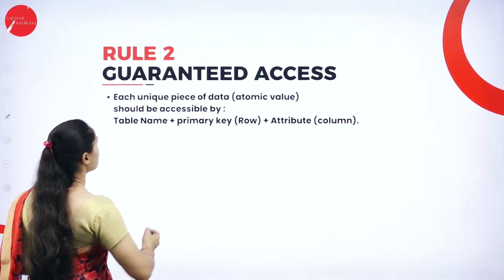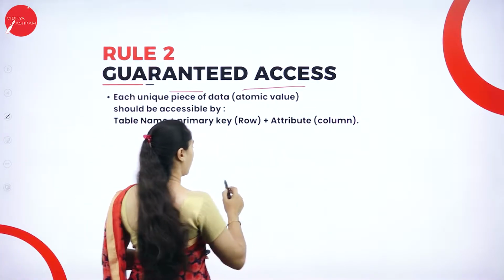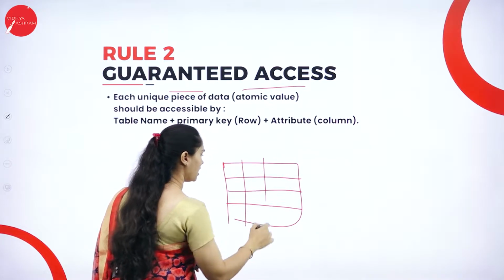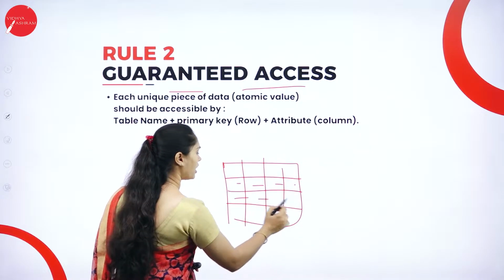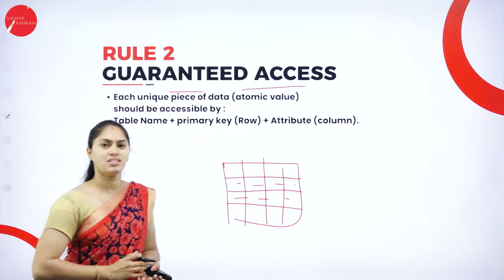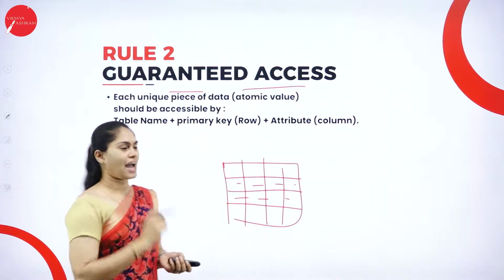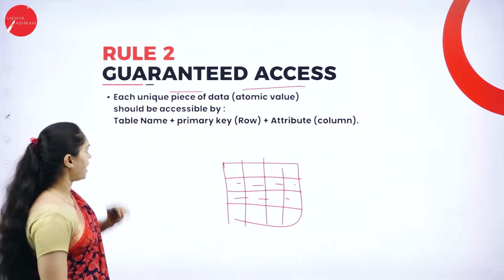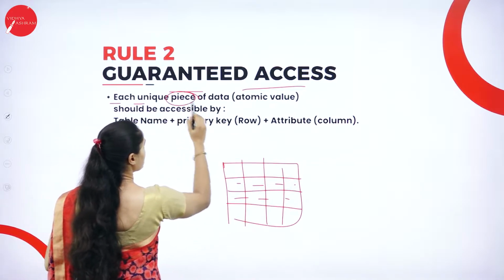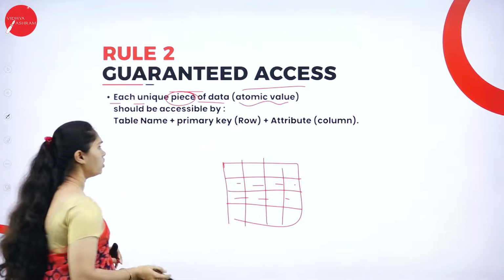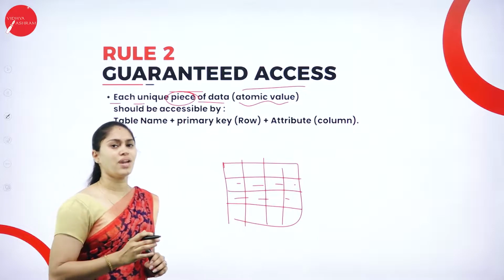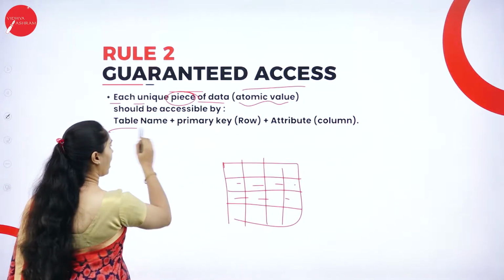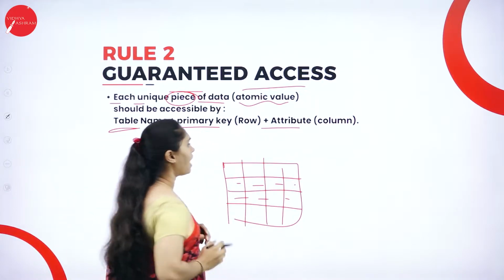Rule 2 is guaranteed access. I have created a table and dumped some content in it. If it does not allow me access, then what is the use of doing that? So guaranteed access is required in rule 2. It states that each unique piece of data, that is an atomic value, must be accessible with the help of the table name, the primary key, and the attribute.